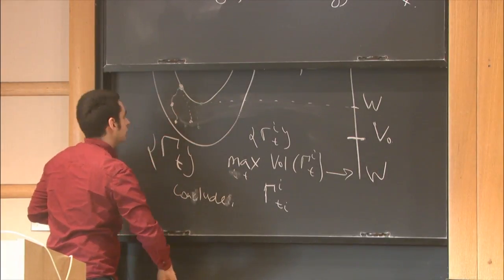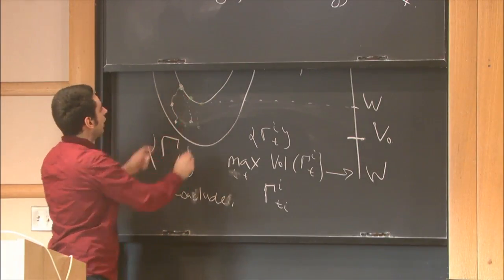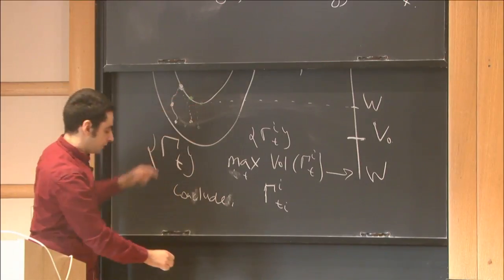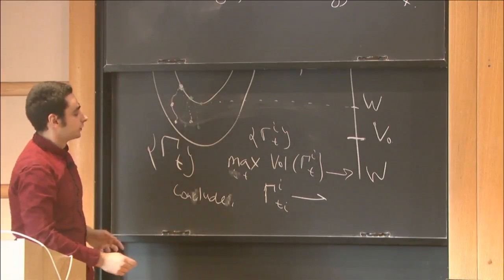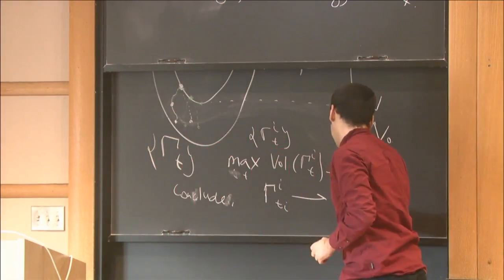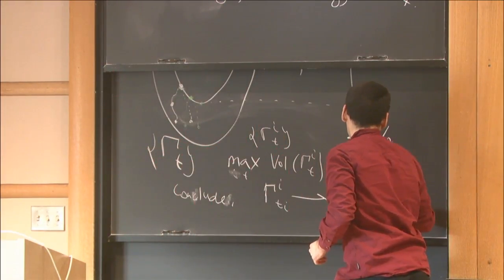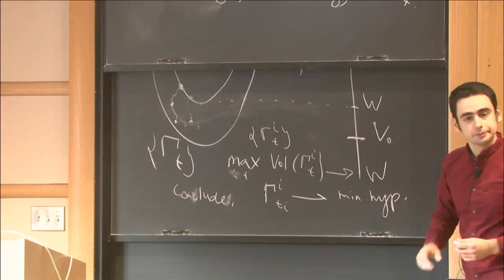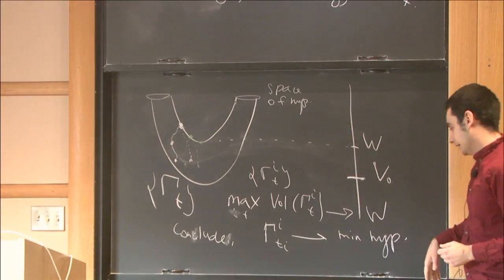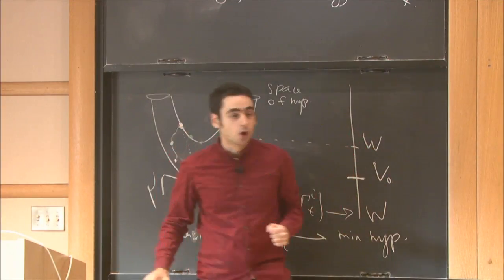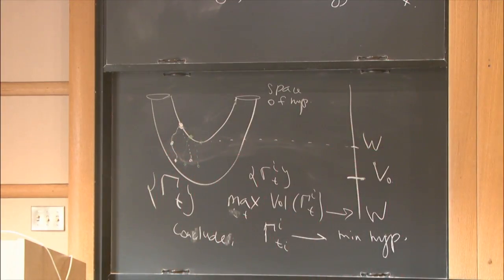These points are converging to volume w, and they show that it converges in a certain weak varifold sense to a minimal hypersurface. So this is the kind of argument that we would like to imitate in a non-compact setting. Any questions so far?